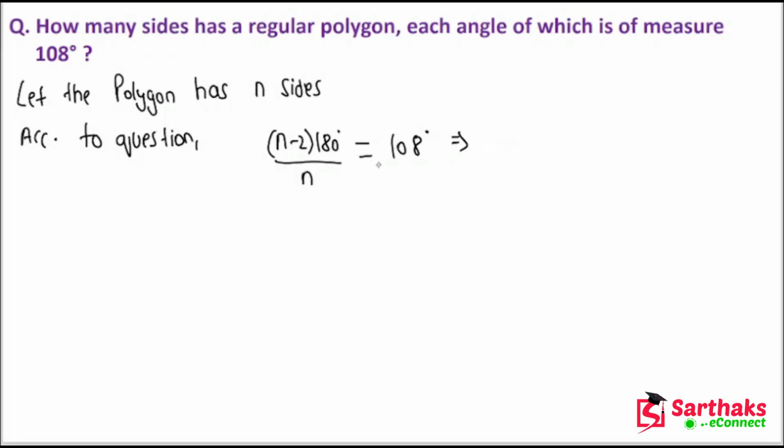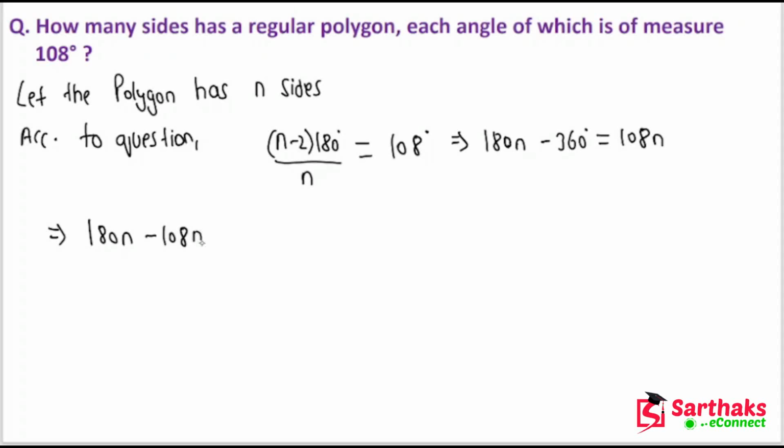Cross multiplying both the sides, we will get 180n minus 360 degrees is equal to 108n. Let me bring 108n to the left hand side, so we will get 180n minus 108n, and taking the 360 to the RHS, we will get plus 360 degrees.